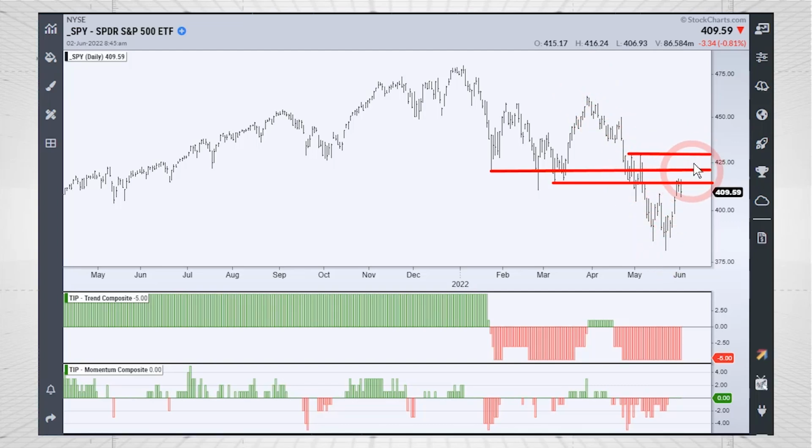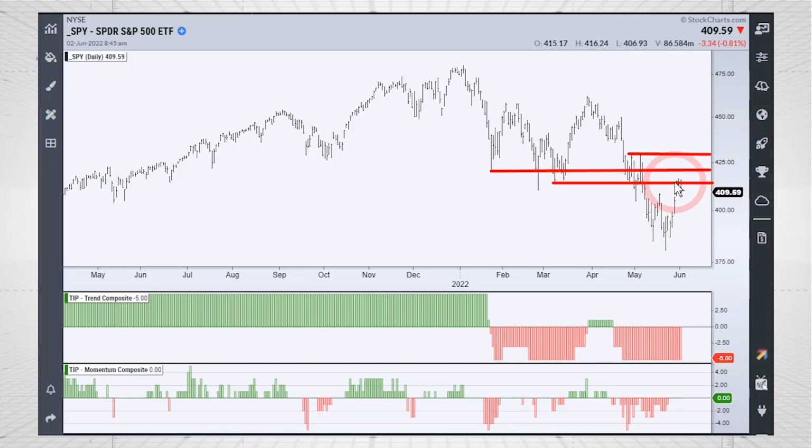Well, we're going to retrace around half somewhere in this 420 area. And that's also a potential area to watch for a reversal on a counter trend bounce. So three things I'm looking for here are broken supports that turn into resistance, and the retracement zone as far as a future resistance level is concerned for SPY.